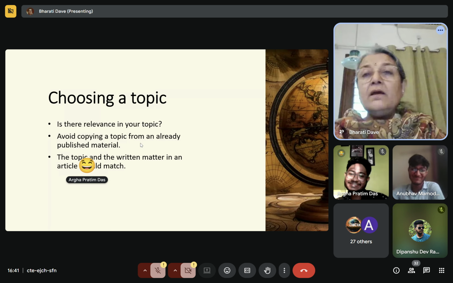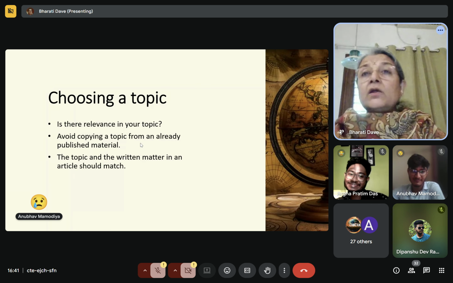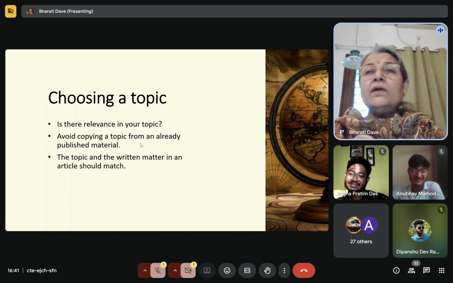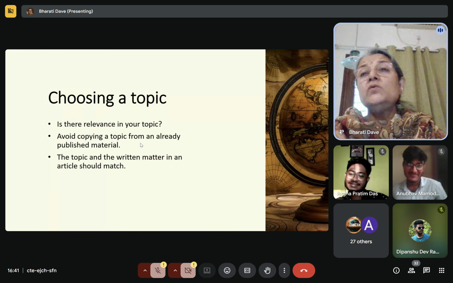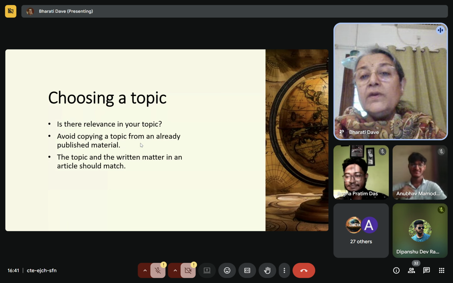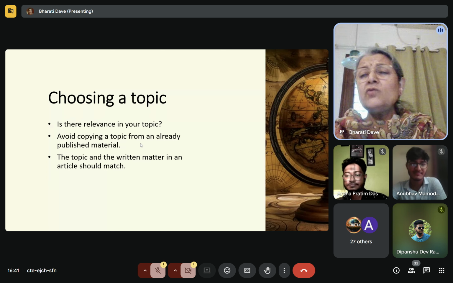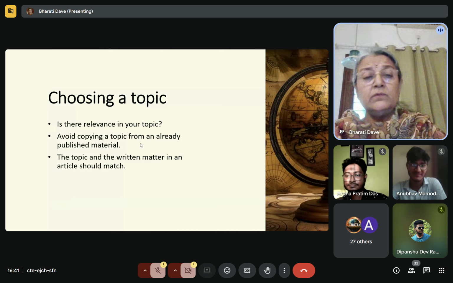That is unethical. You should never do that. You can read different, see different topics, how it is written, but जैसे लिखोगे वो तुमने जो करा है, तुमने जो करना है वही लिखना चाहिए. You should never blindly copy it. Anyways, copying is not allowed. Plagiarism हो जाता है वो.